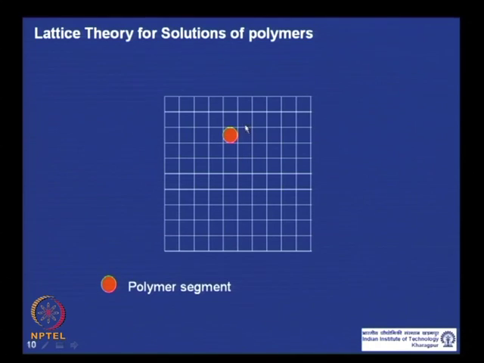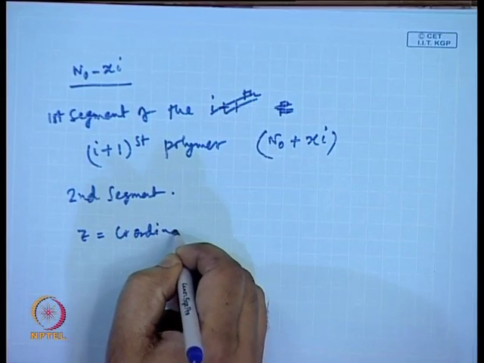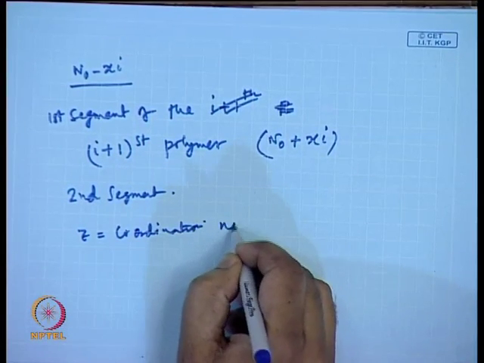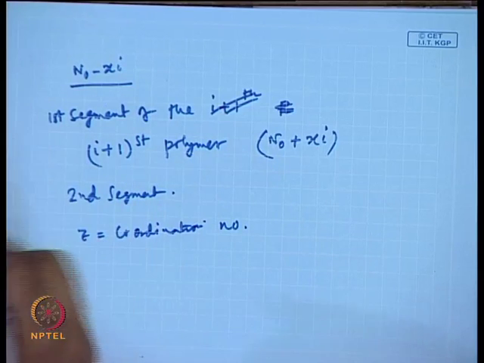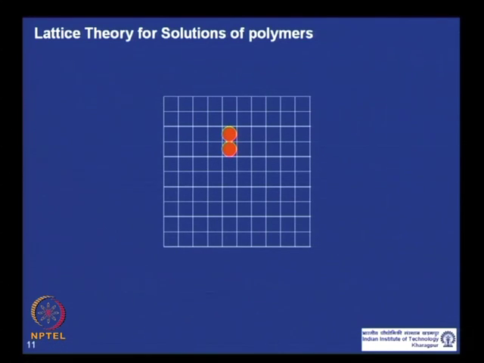If z is the coordination number, which is the number of cells present in the first neighbor shell, you can add in any of these cells. Say I can add here.